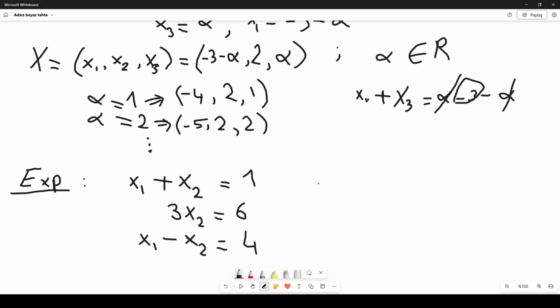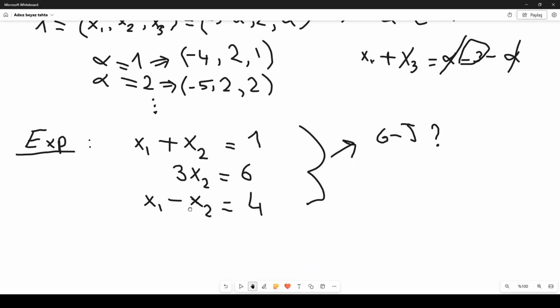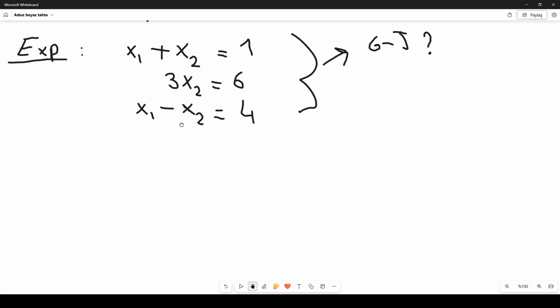And again, let's try to solve the system by using the Gauss-Jordan method. If there is a solution, we need to find it by applying the technique of the Gauss-Jordan method.